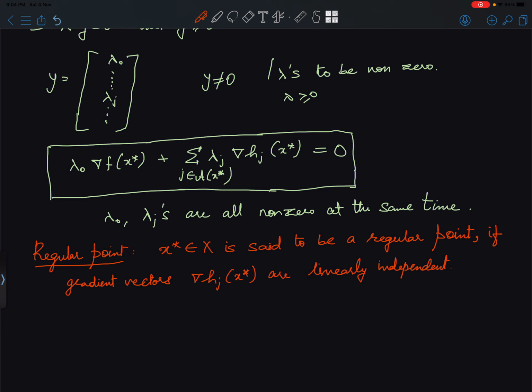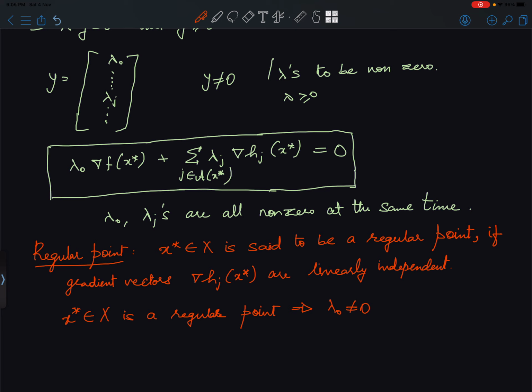Okay, so if my x star is a regular point, this implies that my lambda 0 is not equal to 0.